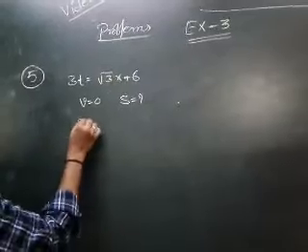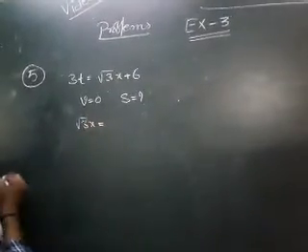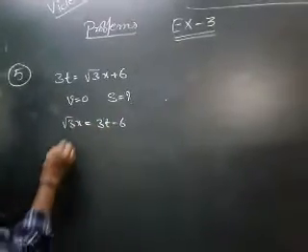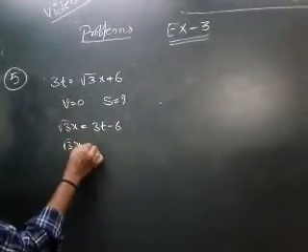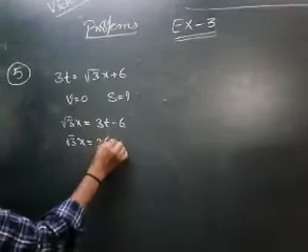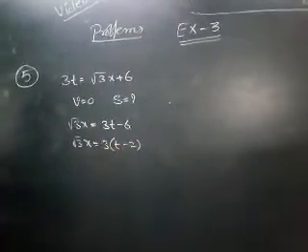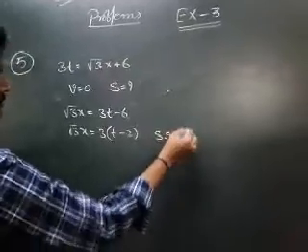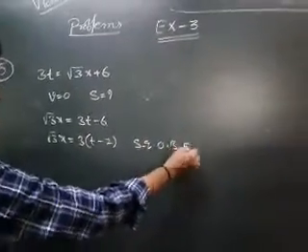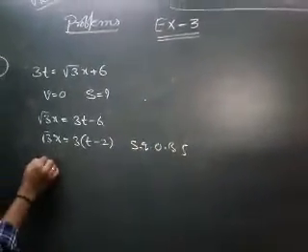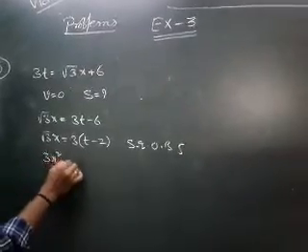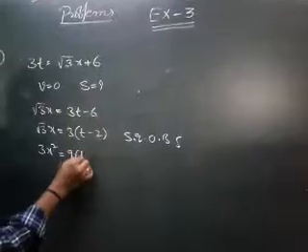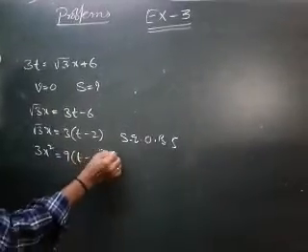Therefore root 3x is equal to 3t minus 6, root 3x is equal to 3, taking common, t minus 2, right, squaring on both sides. Here when we square, 3x is equal to 3 squared, that is 9, into t minus 2 whole square.